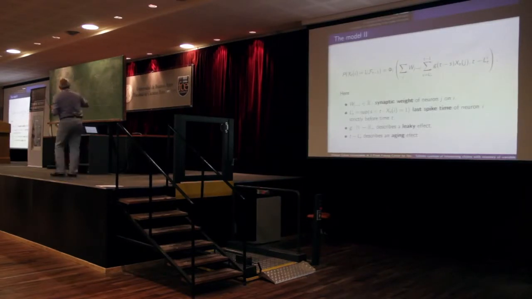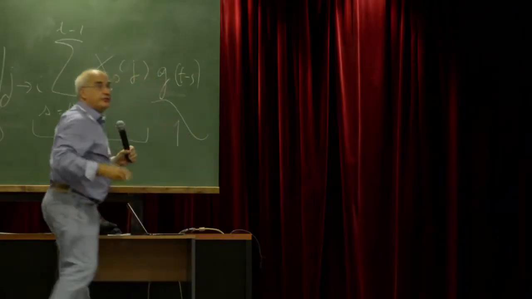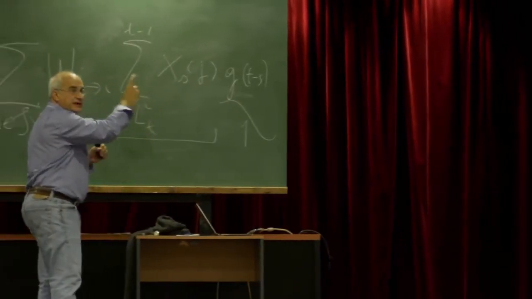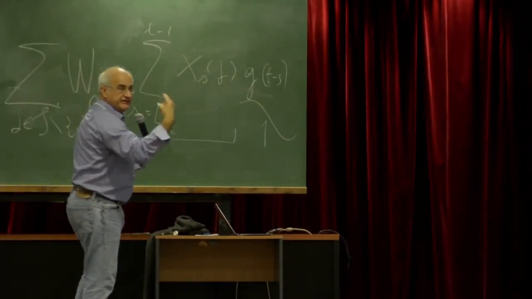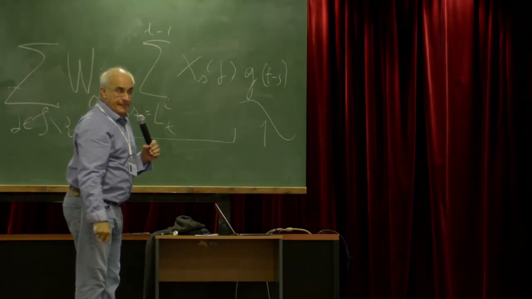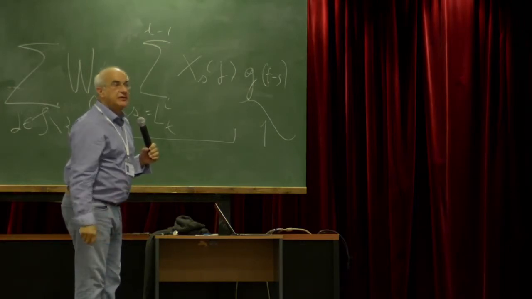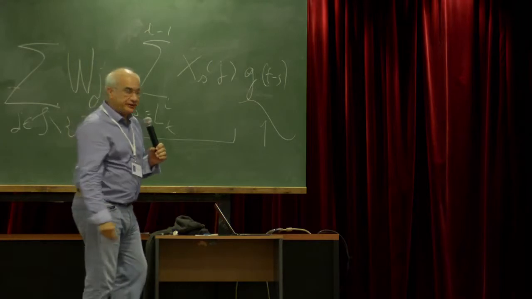So if there is no leaky effect, if this was 1, for instance, you just count how many inputs you received from j. This is the total number of inputs you receive from j.